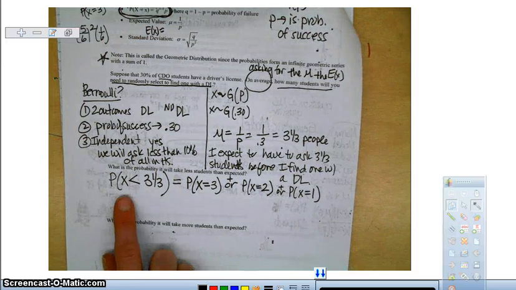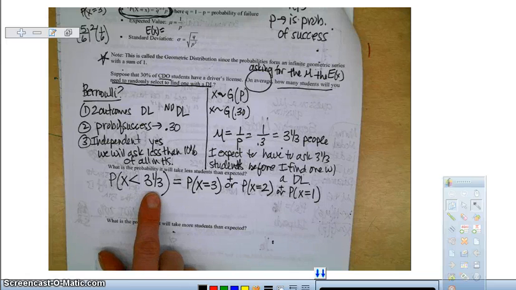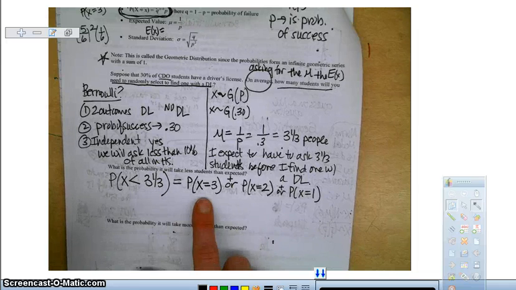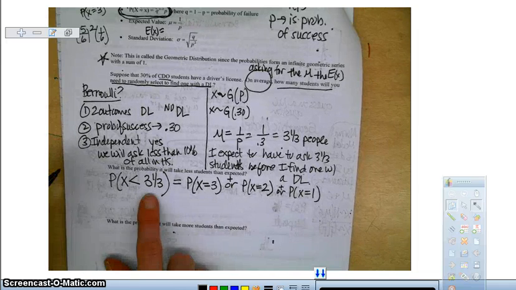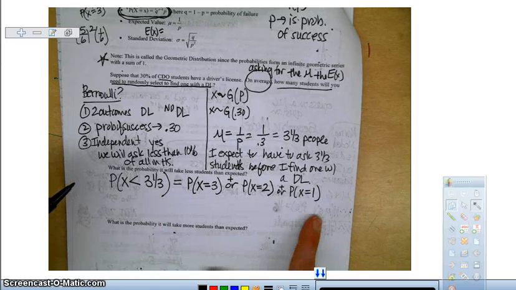So a less than probability or a greater than probability in dealing with geometric, you have to rewrite it as every number below that with the equal to, because the formula only works for the equal to.